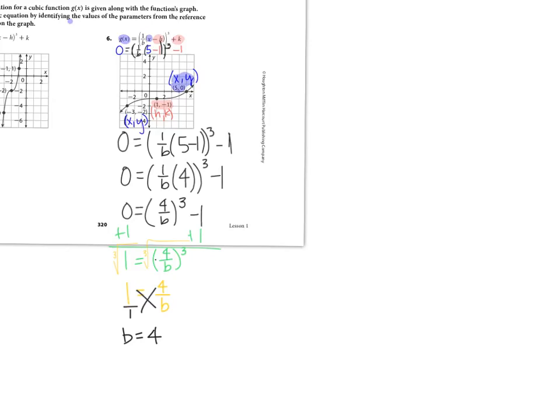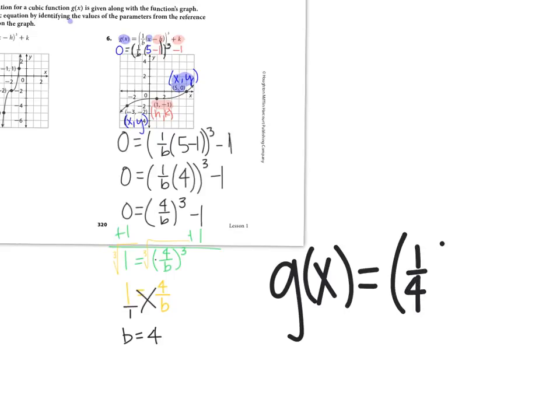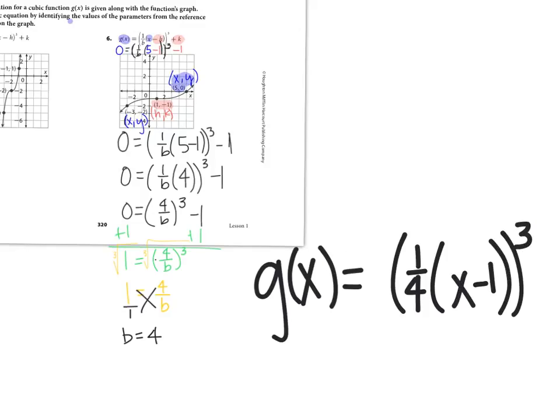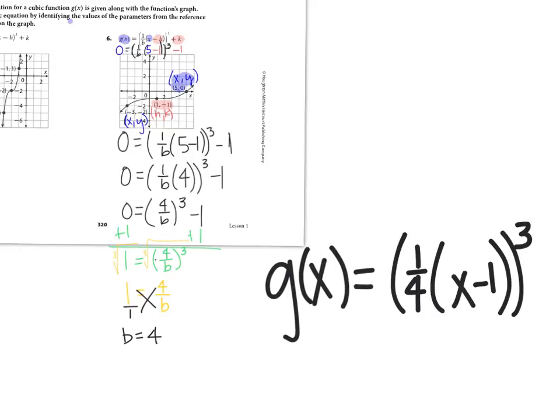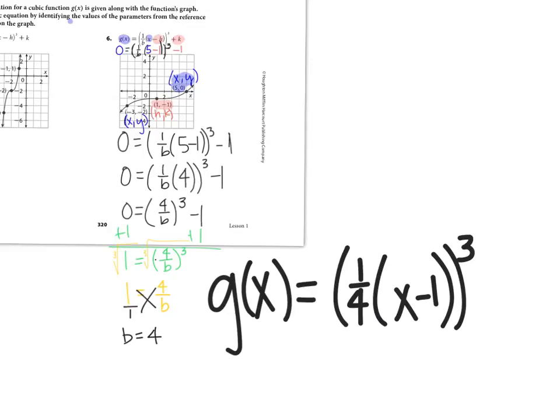So my final answer to this problem would be g of x equals, going back up here and looking at what it said, 1 over b, but we figured out that b was 4. So 1 over 4 times x minus 1 cubed minus 1.